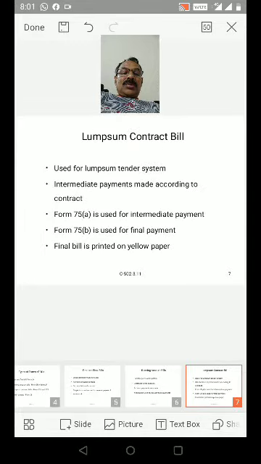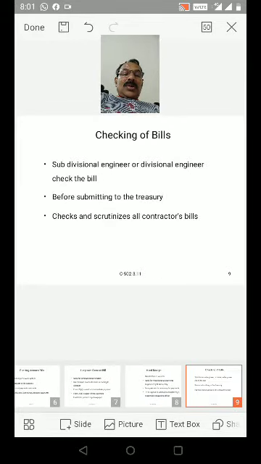Now, checking of bills. Subdivisional engineer or divisional engineer checks the bills. Division means it is under the circle.